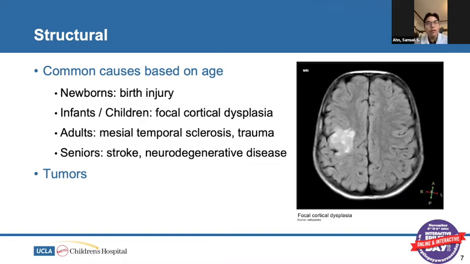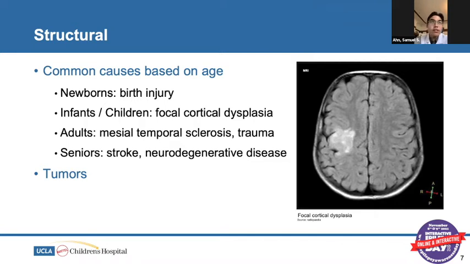Importantly, brain trauma or head trauma is a cause for epilepsy, and a structural cause for epilepsy. Aside from the initial injury itself, this may result in bleeding within the brain that then, similarly to a stroke, can cause scarring that then is an irritable focus for seizures.